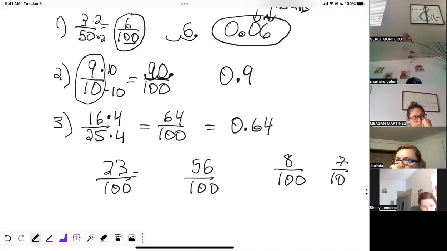You guys lost me. I'm actually confused. What's the question? On number 2, how it's 90/100. Oh, okay. I see why you could be confused, because it's not 9, it's 90.